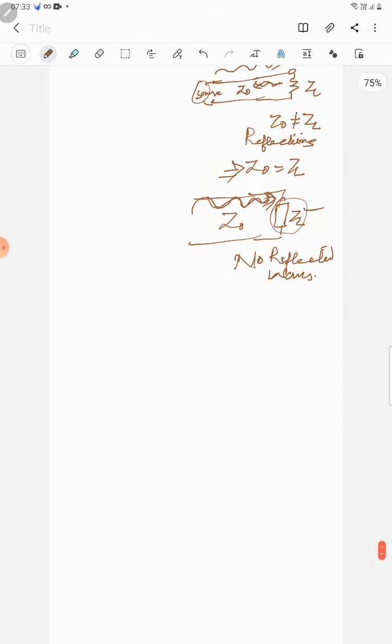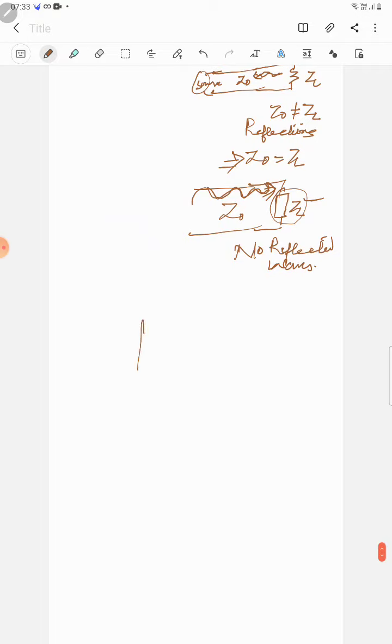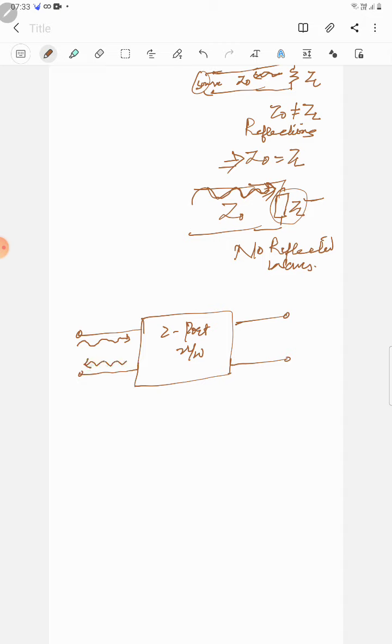In case of S parameters, let's consider a two-port network. This is port 1, the input port, and this is port 2, which is the output port. This is a two-port network. If I connect a source here, a wave moves towards this port and some part of the energy in general will be reflected back.